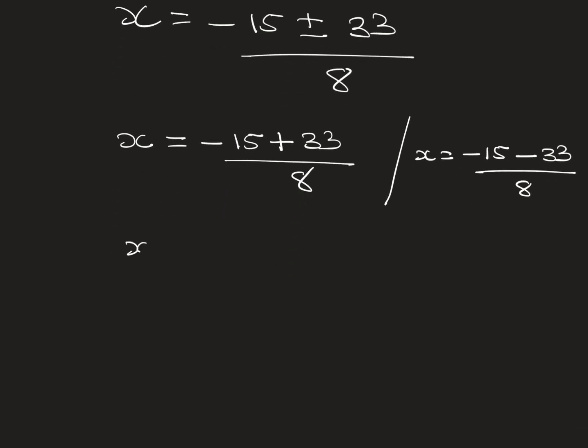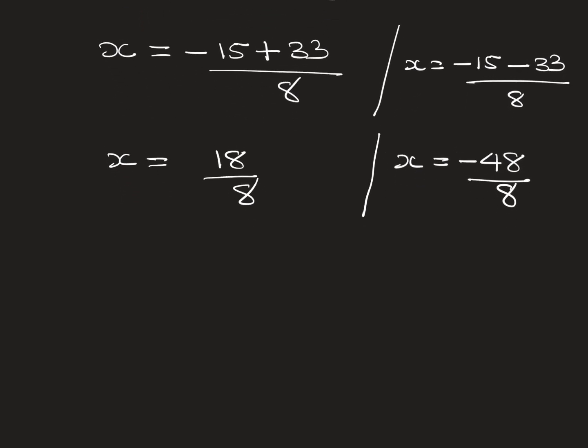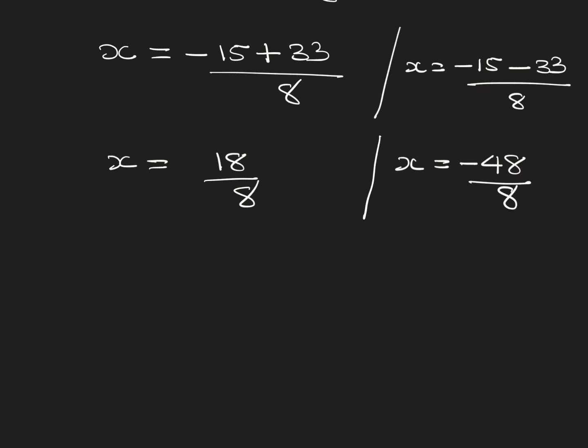So what is that? x equals, what is negative 15 plus 33? That is 18. So it will be 18 divided by 8. x is equal to, what is negative 15 negative 33? That will be negative 48. So if you divide it by 8, we can continue and get answers for that.